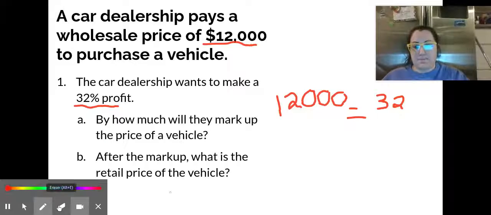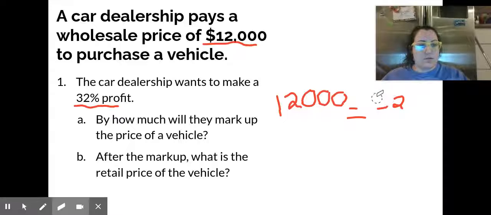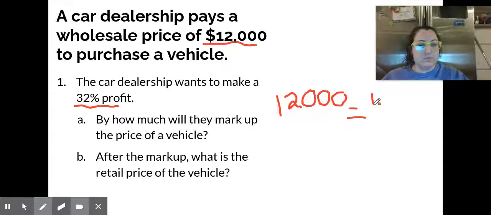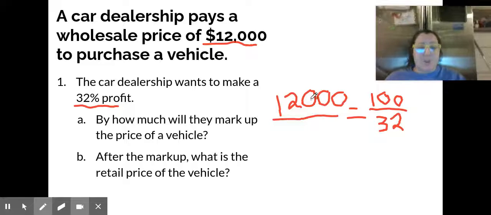I messed up. There we go. And we're trying to find out how much they're going to mark it up by. And we know the percentage is 32%. Okay, so now we have our proportion set up and we can go ahead and solve it.